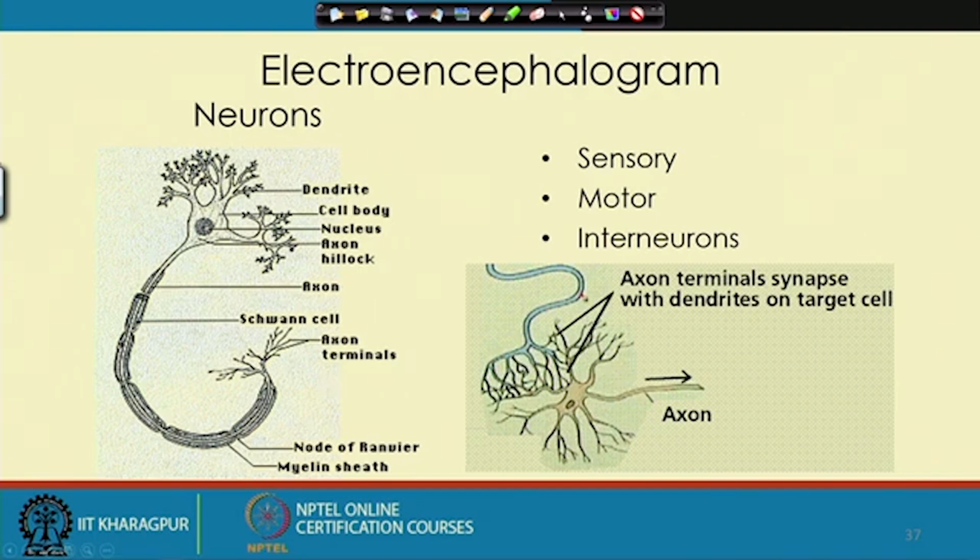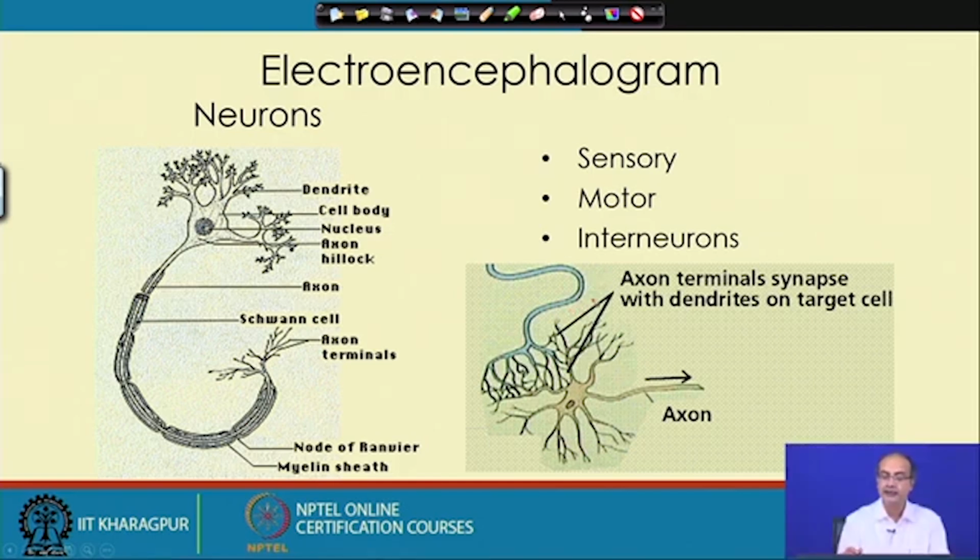In the central nervous system, there are a number of neurons connected with each other, and those neurons are called interneurons. They help in making the decision. Now, once the decision is made, the command comes.